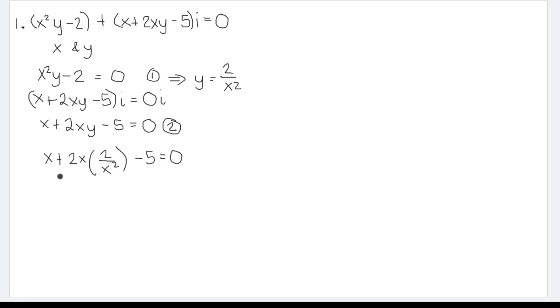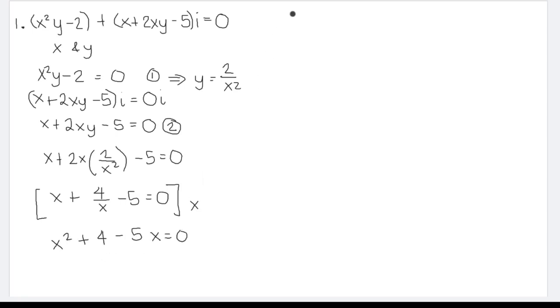Then simplify the equation, x cancels out at the second term, that's 2 times 2 is 4 over x minus 5 is equivalent to 0. To eliminate x at the denominator of the second term, we multiply both sides by x. So that's x squared plus 4 minus 5x is equivalent to 0.